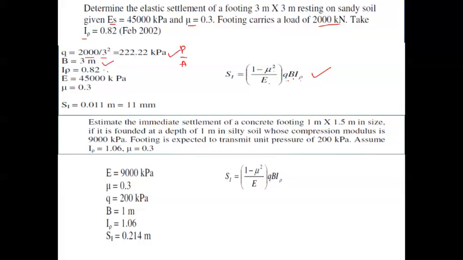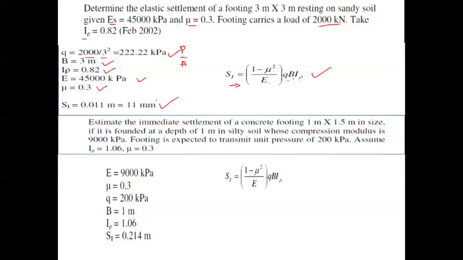Then influence factor is equal to 0.82. Modulus of elasticity is equal to 45,000 kPa, and mu, the Poisson's ratio, is 0.3 in this particular case. So if you substitute these various parameters in this equation, the final answer will be 0.011 meter.